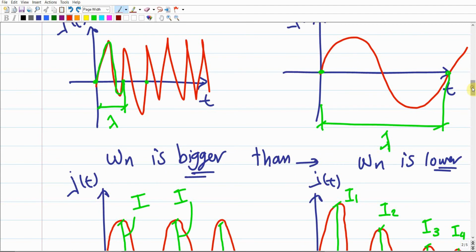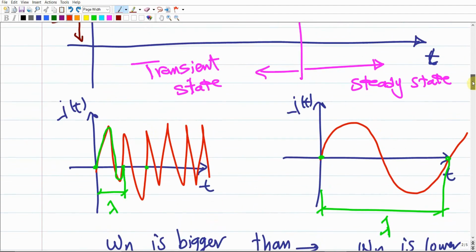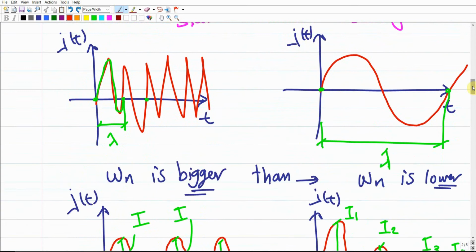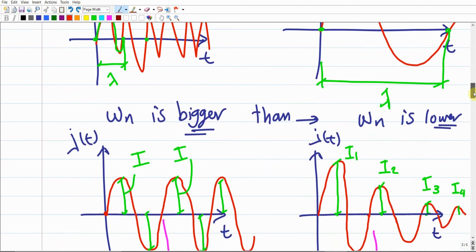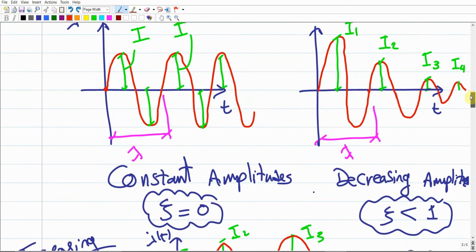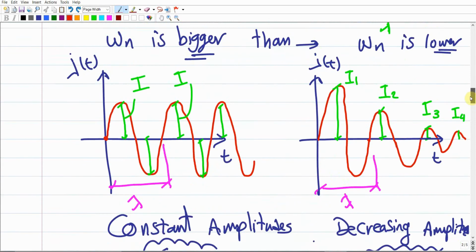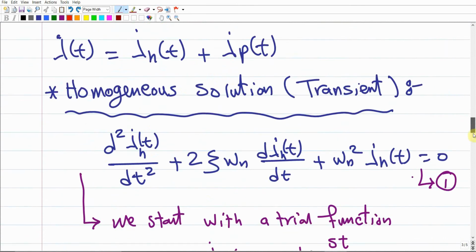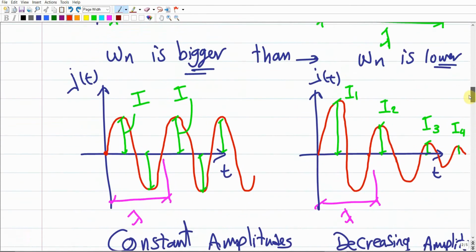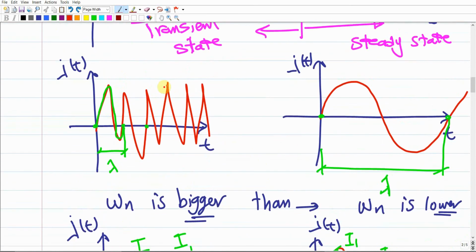This omega n is one of the properties of this electrical circuit that describes how the current is going to vary over time, or how fast this wave is going to repeat over time. This omega d is an equivalent frequency of the system, but it depends on the damping factor xi. You could consider omega n the pure natural frequency of the system, assuming that the system has no damping.